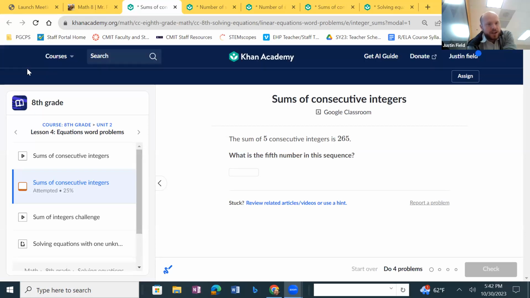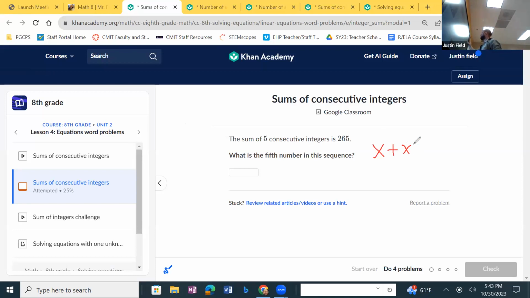So this one says the sum of 5 consecutive integers. Okay, so now we're going to do x plus 1 plus x plus 2 plus x plus 3 plus x plus 4, and they all equal 265.